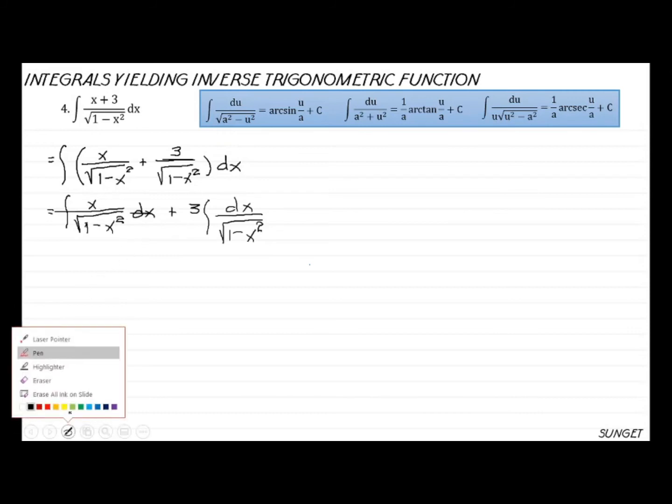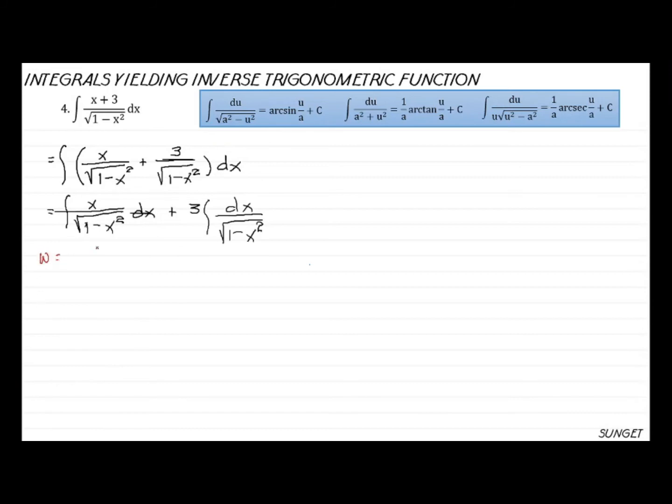So let's say we have w. So w is equal to 1 minus x squared. Differentiate, so we have dw equal to the derivative of 1, which is 0, and the derivative of negative x squared, so negative 2x dx. So we have x dx at the numerator of the first integral.